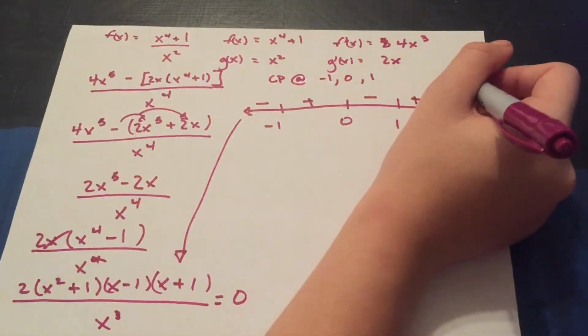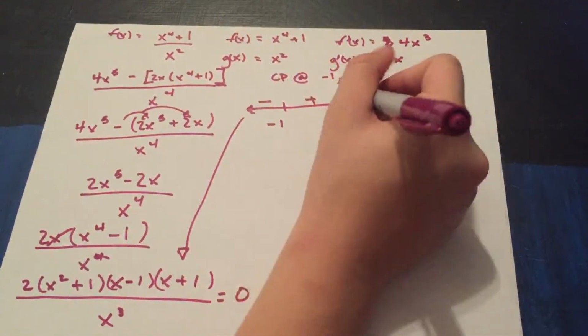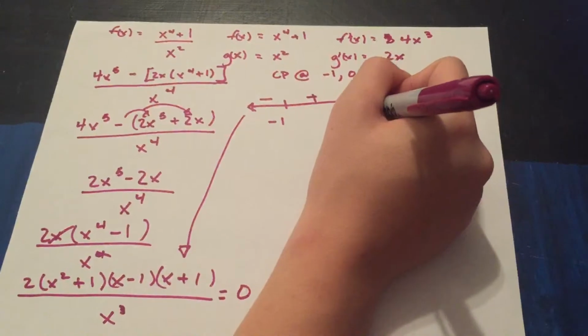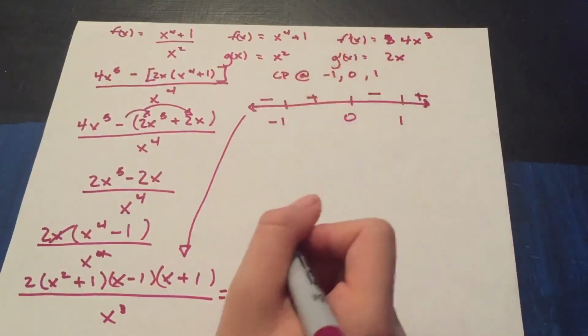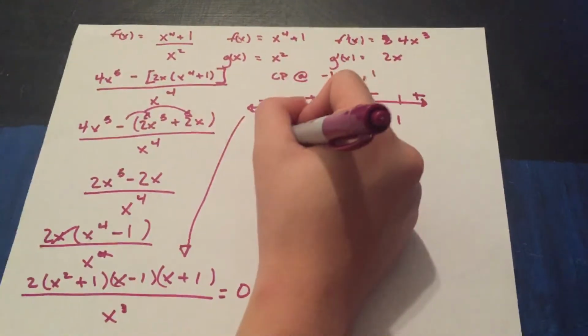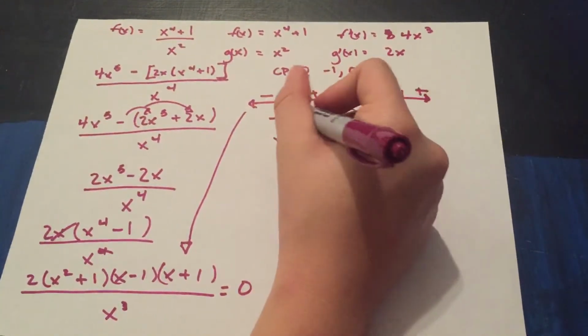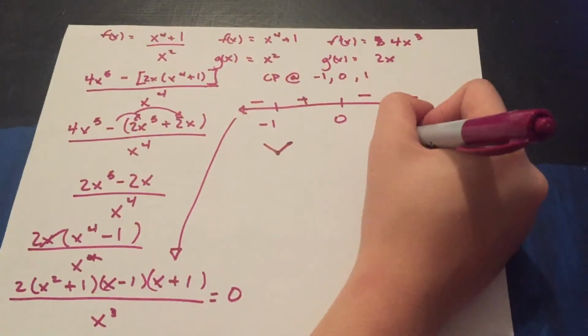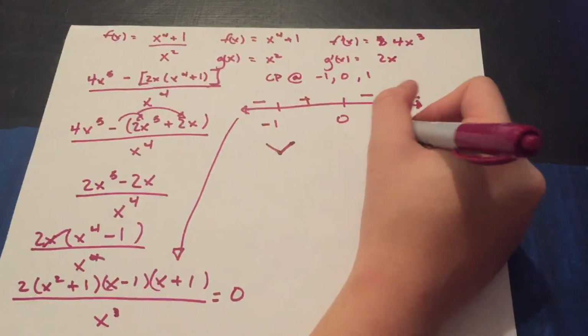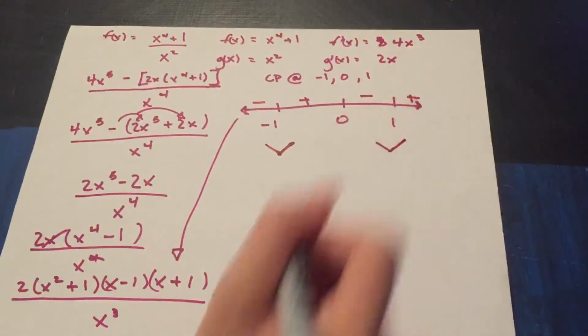So we see we can't look at 0 because it does not exist, but we can look at the values at -1 and 1. At -1 it goes from decreasing to increasing, and then at 1 it also goes from decreasing to increasing.